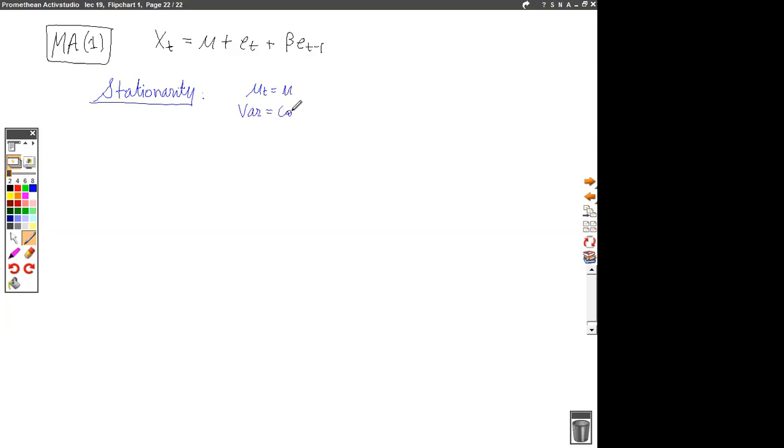Variance is just covariance of xt with xt, which is nothing but gamma 0, which is just sigma square times 1 plus beta square, right?